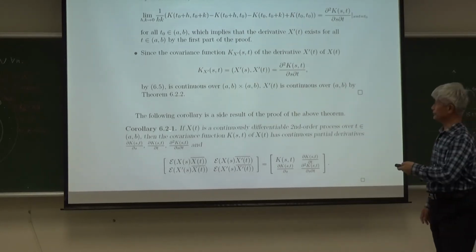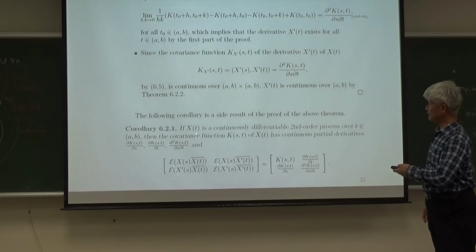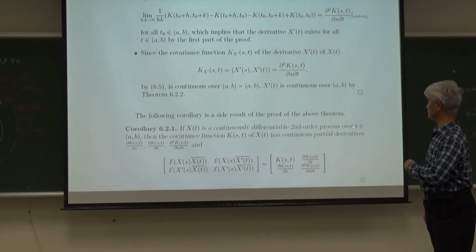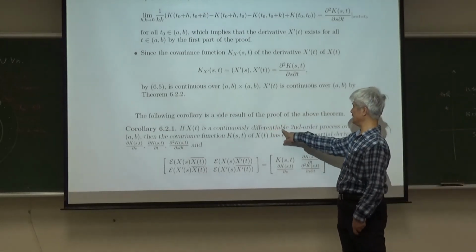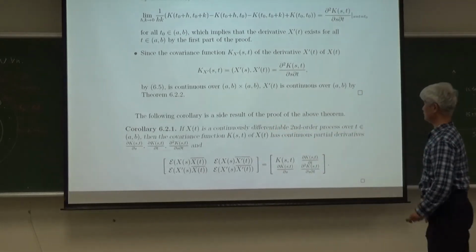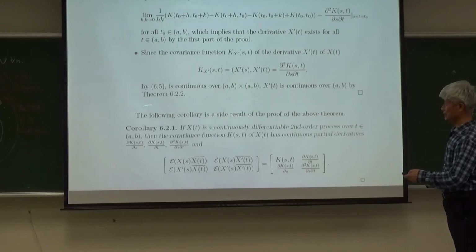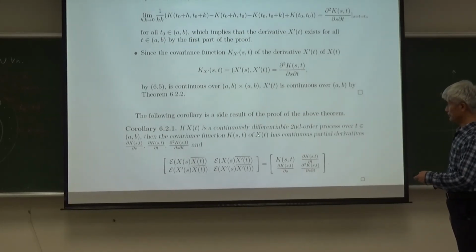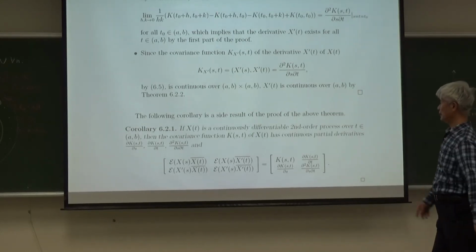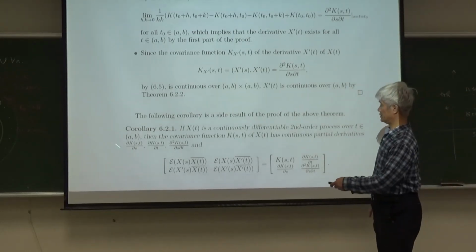From the proof, if x of t is a continuously differentiable second order process over this open interval, then the covariance function of this second order process has continuous partial derivative.